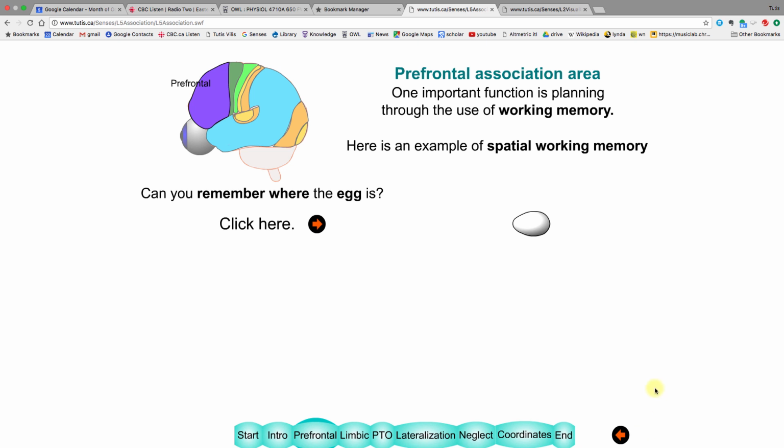Okay, let's test your prefrontal cortex. Okay, you see this egg here? It'll disappear shortly, and I want you to remember where the egg is. Okay, starting now.